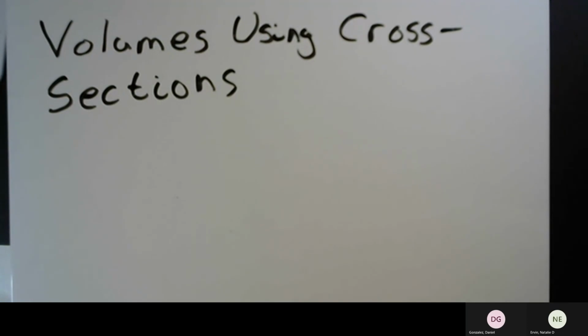The first two sections are going to be volumes. And if we have time today, we'll look at arc length.